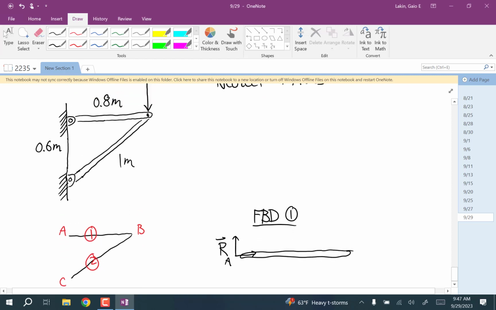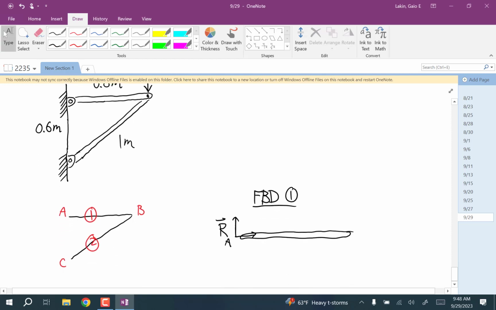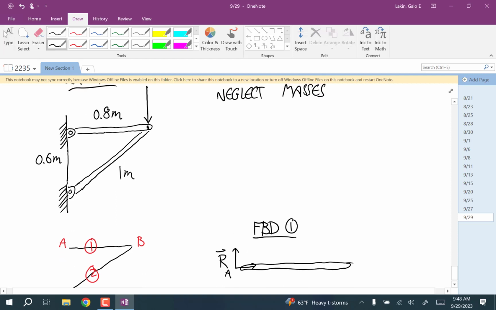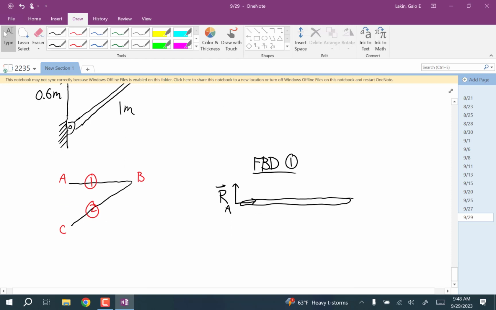Okay, at the other joint at B, the two members that are touching the pin are member 1 and member 2. 1 is the lowest numbered member. Okay, so I'm going to consider the pin to be part of member 1. And that means that I'm going to apply that 1,000 Newton force to member 1 because it's acting on the pin. Okay, so over here, I have the downward force of 1,000.